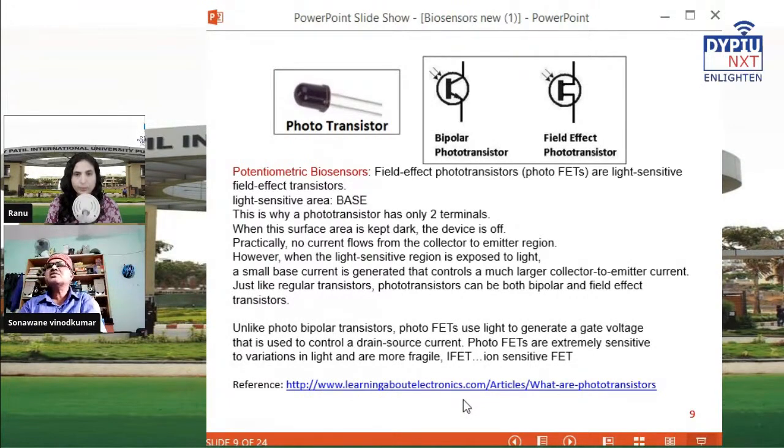Optical biosensors nowadays are in very large use, since in material science the optical sensors have been developed by the electronics community, and they have a lot of advantages.